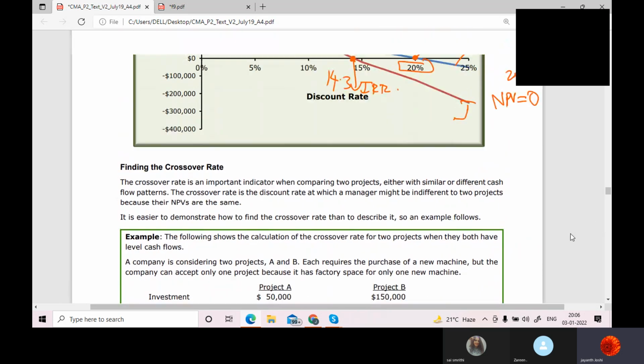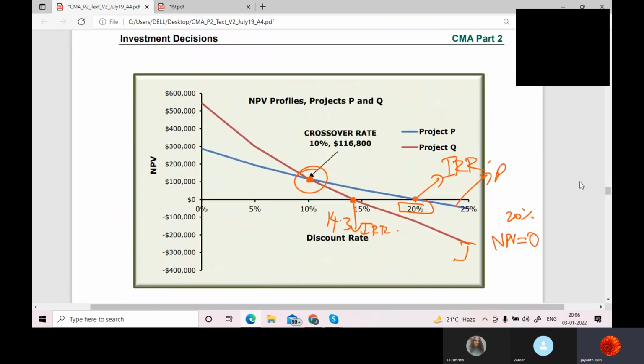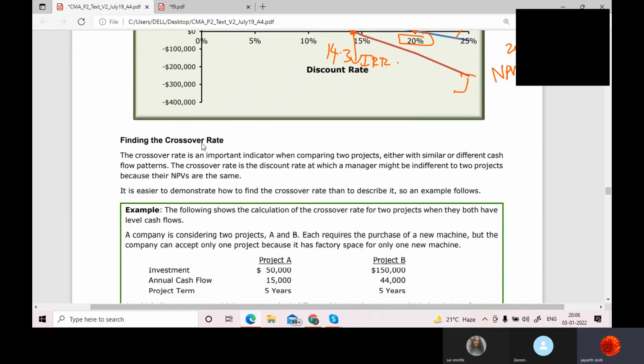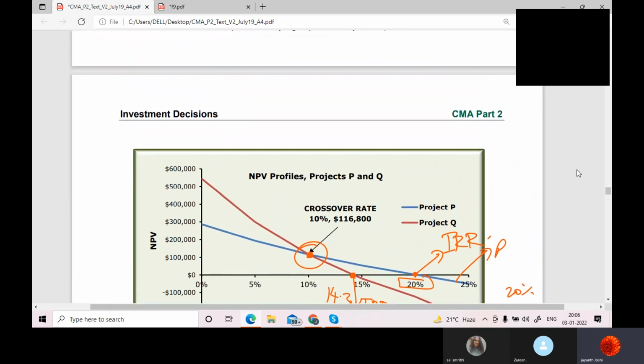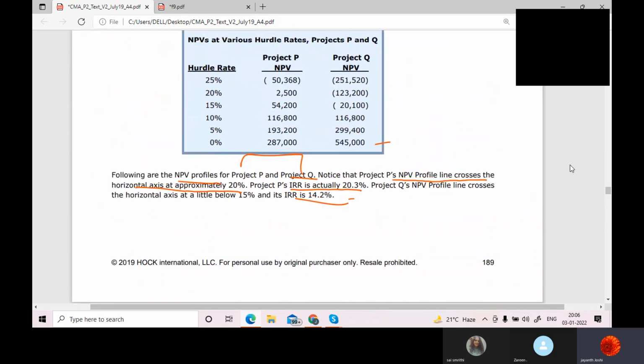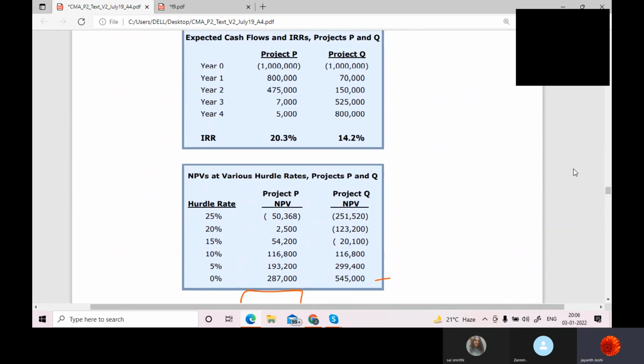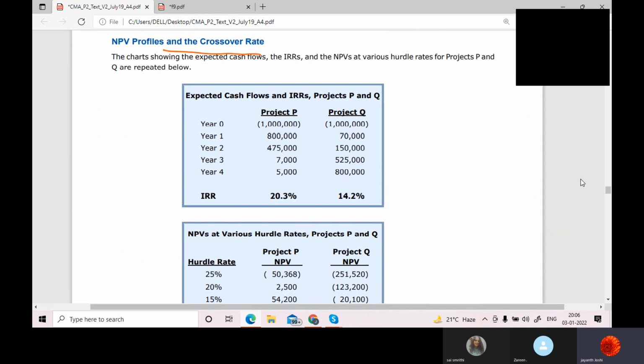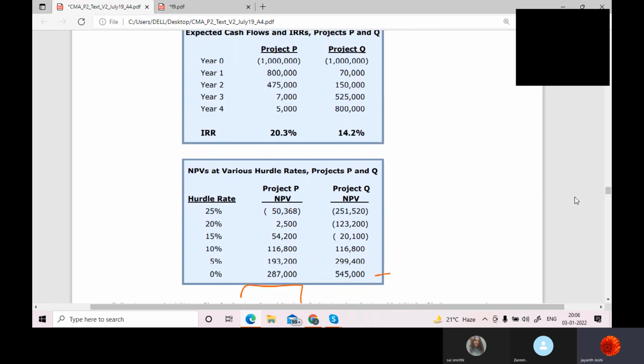Now, whatever we have discussed today, please go through it. Tomorrow we will do finding the crossover rate. The conclusion we have drawn today is, whenever there is a mutually exclusive project and you have to select any one out of two, what is the most reliable method?